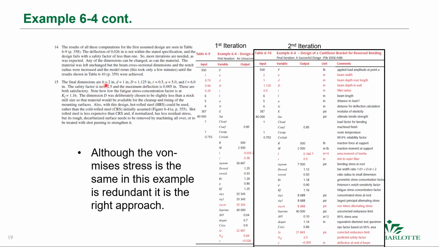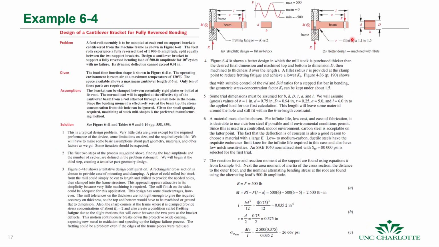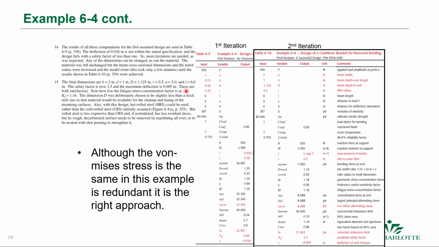So the final dimensions were chosen such that B was 2 inches. So B is the width. Big D was 1 and 1/8 inch, and the radius was 0.5.